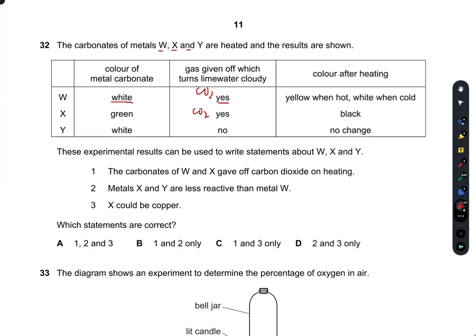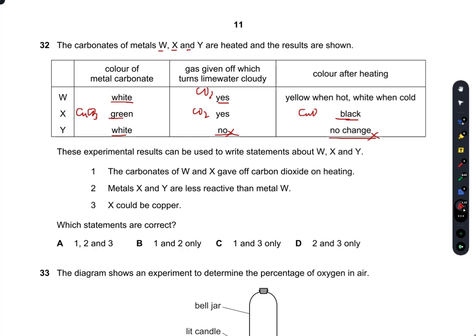Similarly, X is green and gives black after heating, so I think it would be copper carbonate, which leaves copper oxide, black in color. Similarly, Y is a white metal carbonate. It doesn't give CO2. Color after heating is no change.